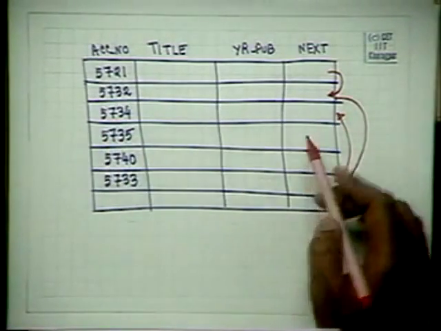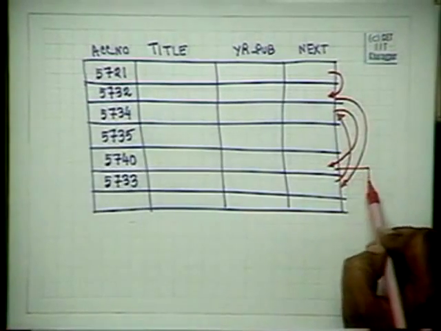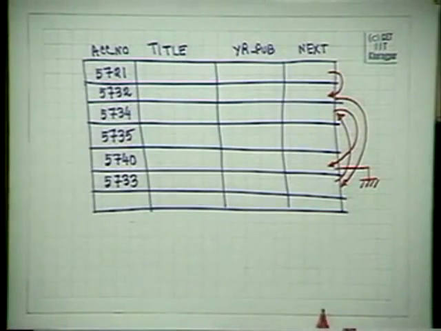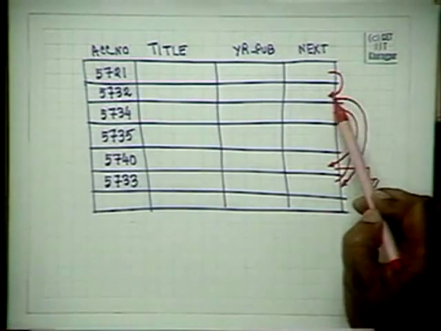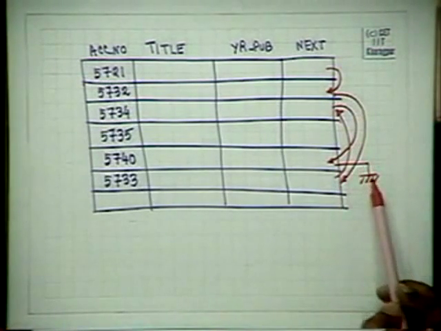This is deleted. So, this points here and this is grounded. This was the situation which we had. This points here, this points here, this is here, this is here, and this is grounded.